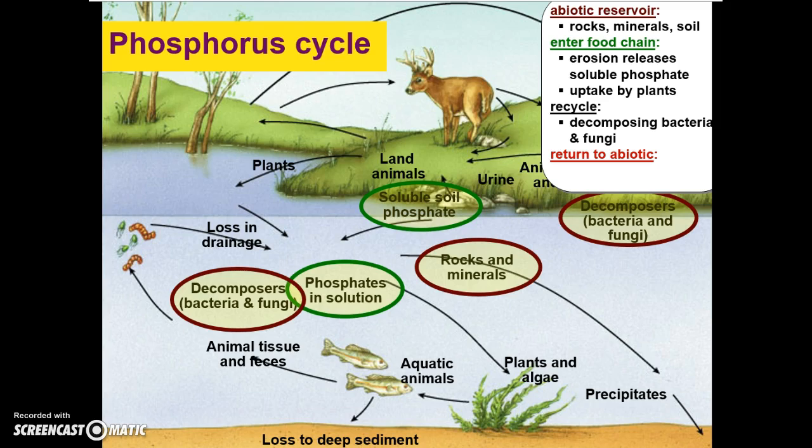The way that it enters the food chain is simply through erosion, which releases soluble phosphate to be taken up by plants.